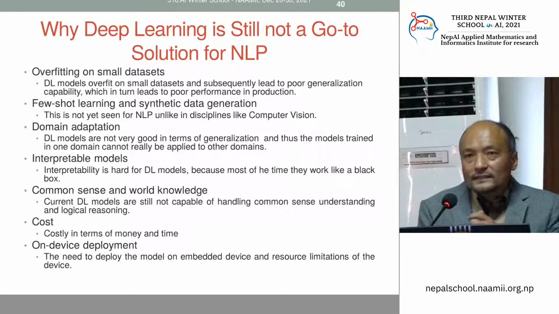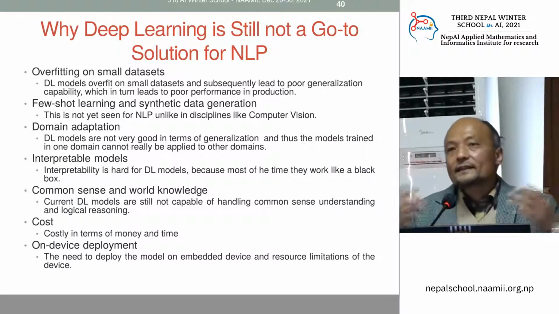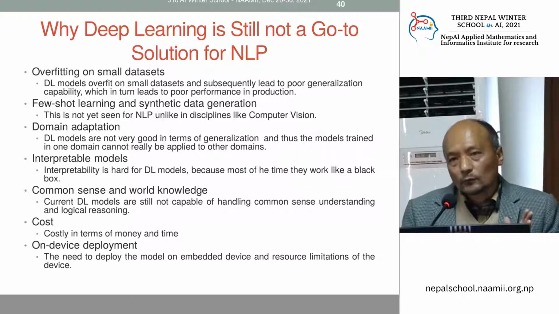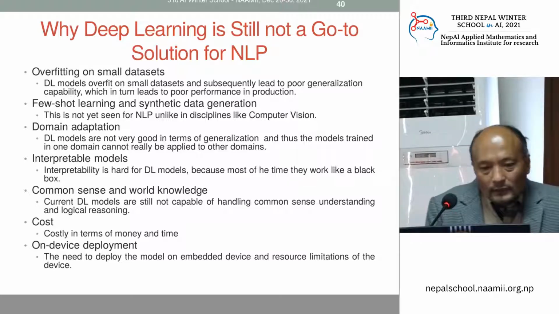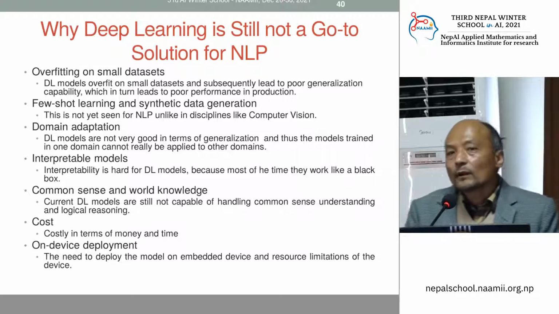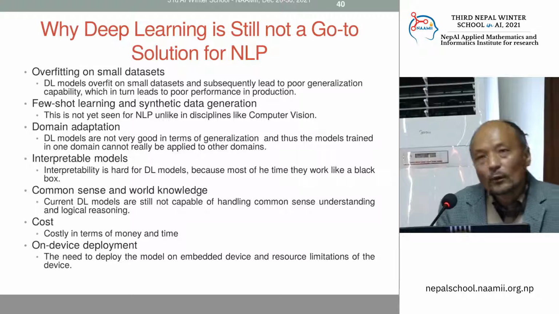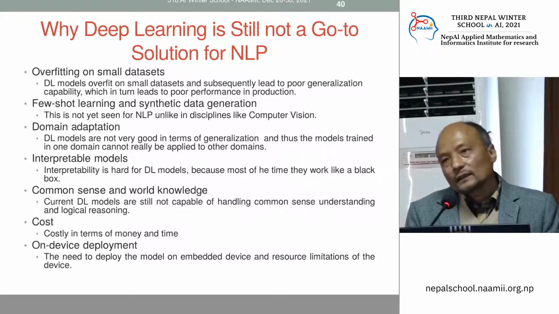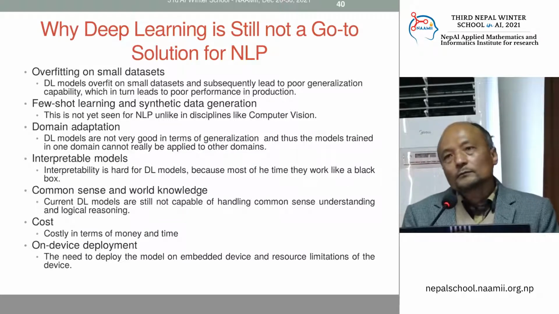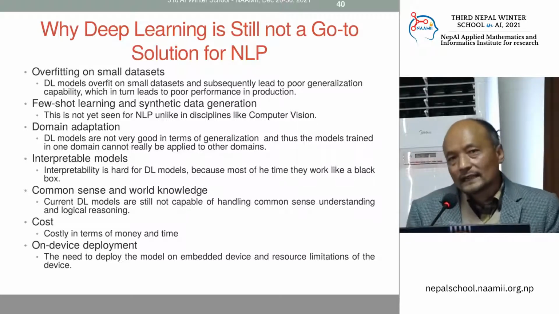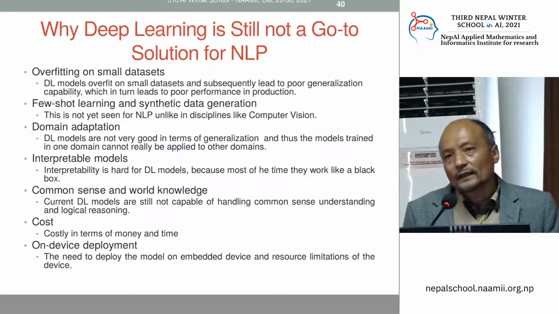We don't necessarily have very good explanations about how we received a particular output. So it is difficult to interpret the models. Most of the time they work like a black box. That might be good for some production systems, but for the academic community or scientists like us, computer scientists, that might not be adequate. We would want to know the reason behind those outcomes.